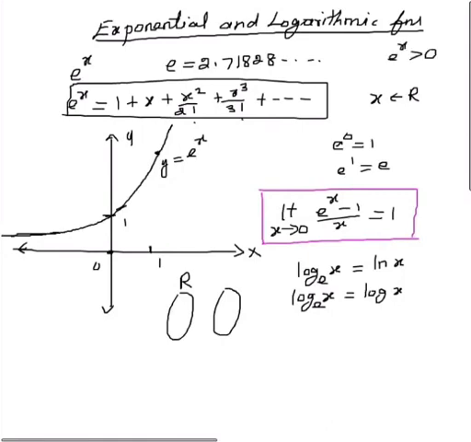E raised to x is always greater than 0. E power 5 is positive, and e power minus 5 is also positive because it can be written as 1 divided by e power 5. So the exponential function is always greater than 0, positive real values. For the exponential function, R is the domain and R plus is the range. So for the logarithmic function, the domain is R plus and the range is R.